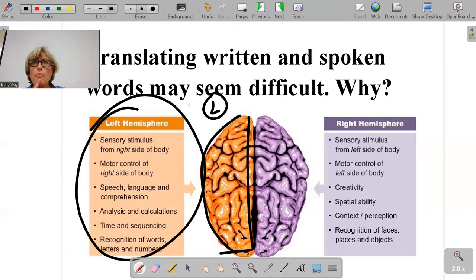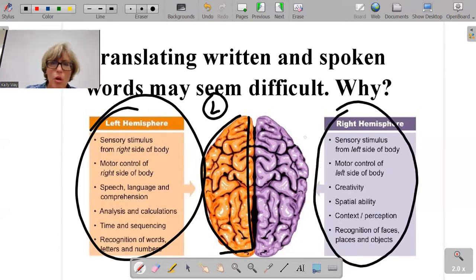But guess what? Drawing, visual, spatial, conceptualizing things in 3 dimensions, like a plane and then a line on a plane versus going through a plane, all of that is right brain.